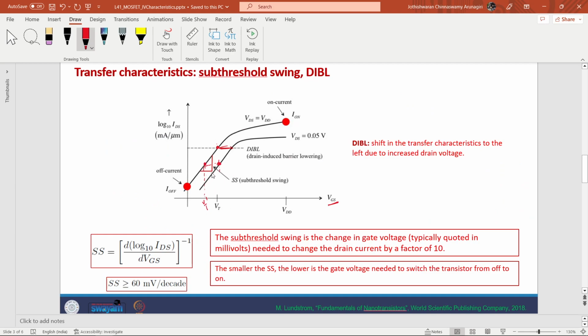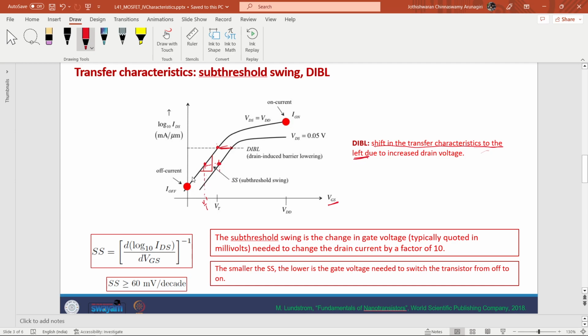No, it is not apparent in this graph. We should see that the transfer characteristics are shifted to the left. This is important. This line is important. So this leftward shift is what DIBL is.